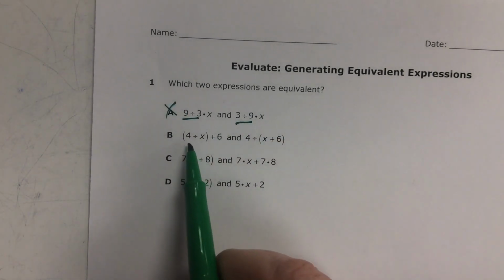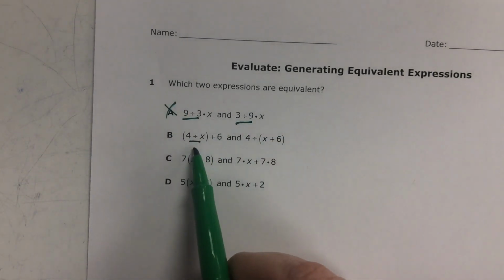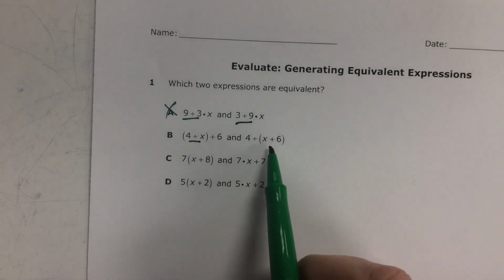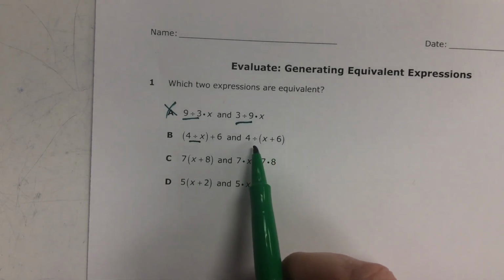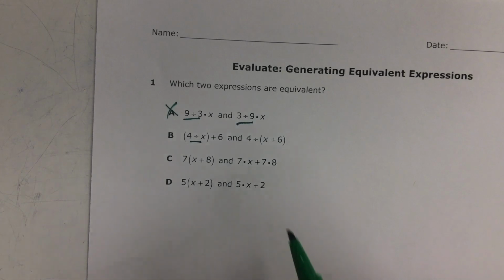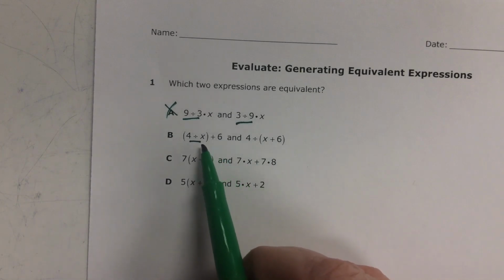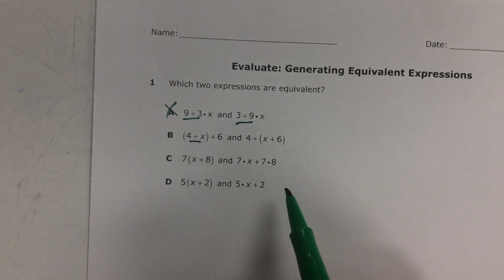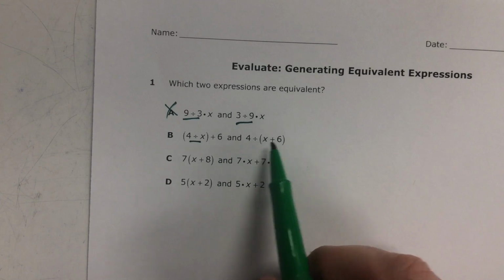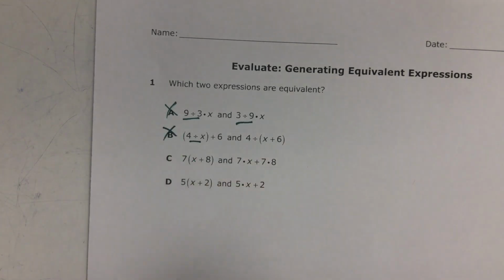Okay, 4 divided by x, and then take that answer and add 6. This says x plus 6, and divided by 4. So this is trying to use the associative property. Remember that property of grouping, and to move things around, but it only works for adding and multiplying. So this is not true either.